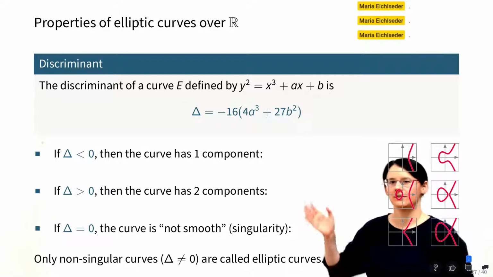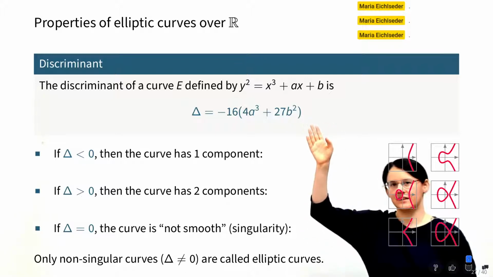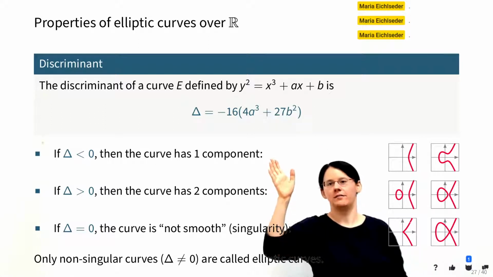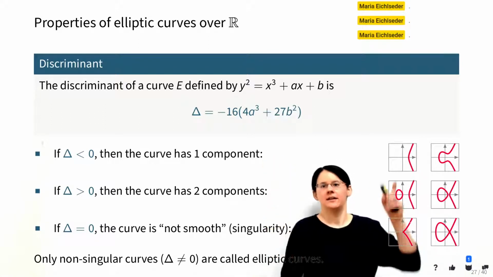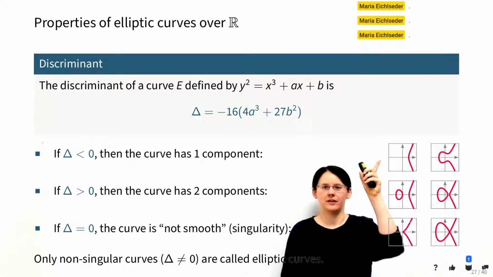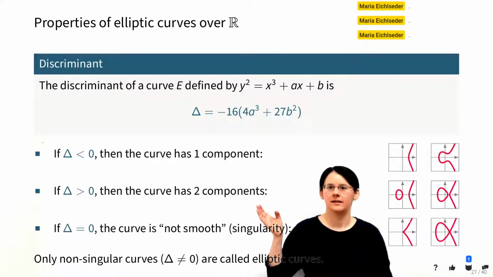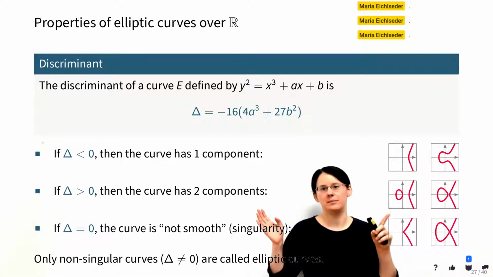In any case, what this discriminant tells us is some basic properties of the curve. If this value is negative, then we have the case that we have a curve of 1 component, so no separate bubble. If the discriminant is positive, then we do have a separate bubble.